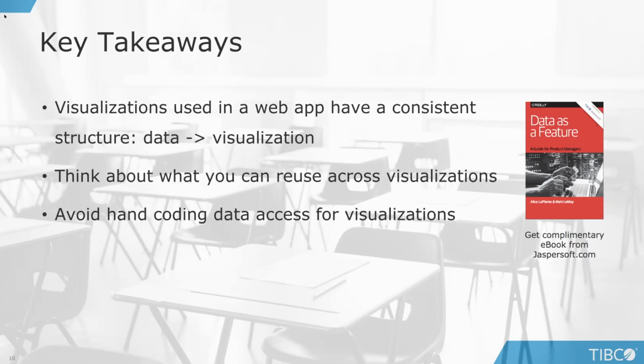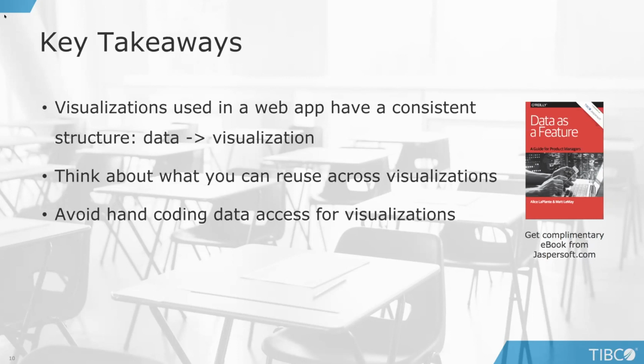The other last bit is avoiding hand coding data access. I see a lot of times when people are developing web apps, there's a real big split in the roles and responsibilities between the people who are responsible for the data end of things and the transactions versus the people who are consuming the data and rendering things.